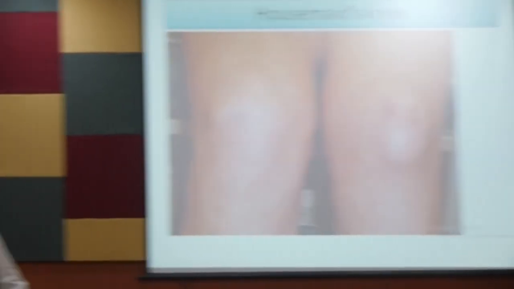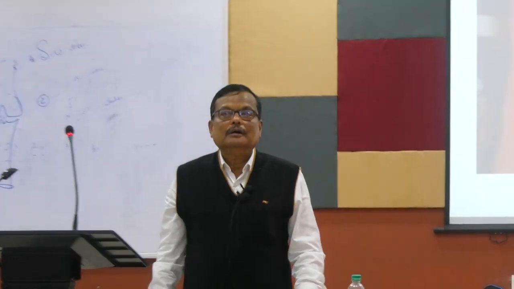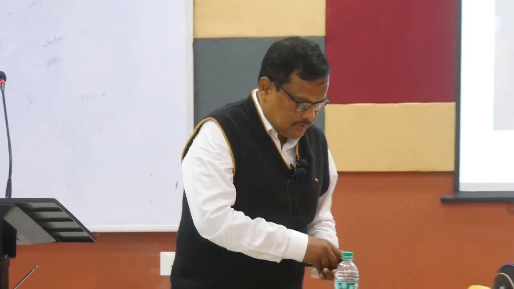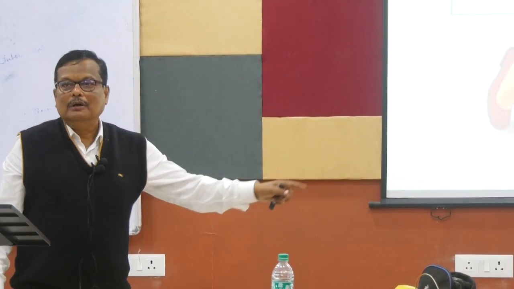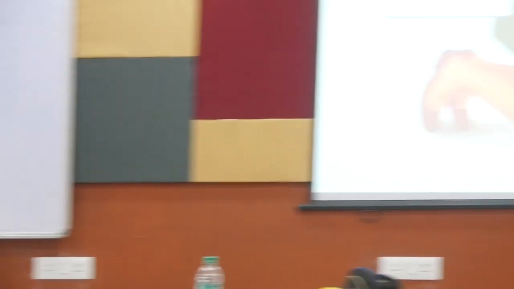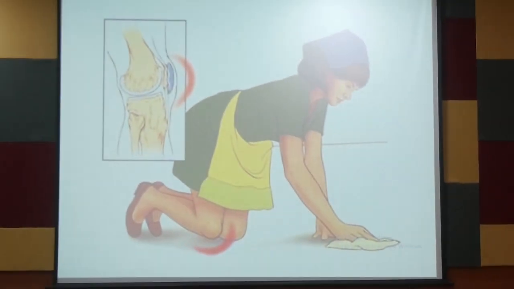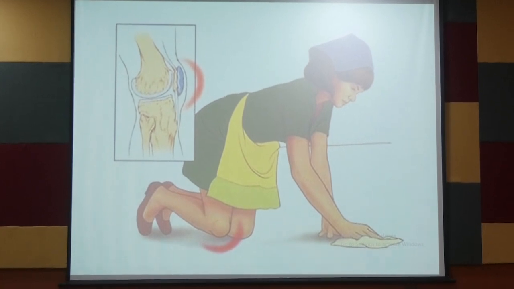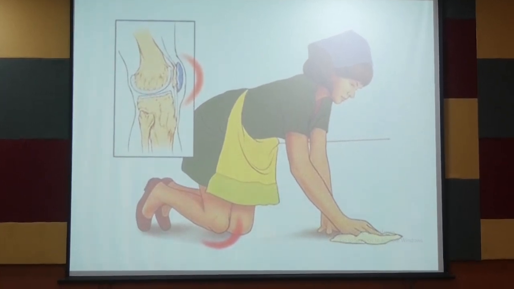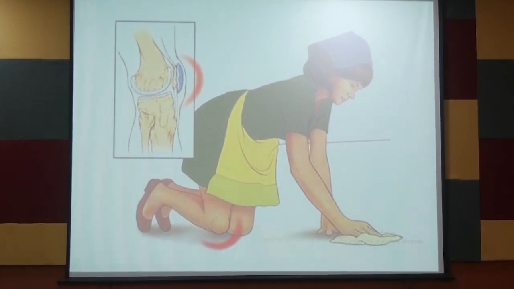কাদের বেশি হয়? হ্যাঁ, যারা... ছবিটা কোথায় গেল? এই দেখো, housemaids who sit like this, the prepatellar part is always in constant friction with the hard floor, always ঘষা খাচ্ছে, and there is a chance of inflammation, formation of itis, bursitis.